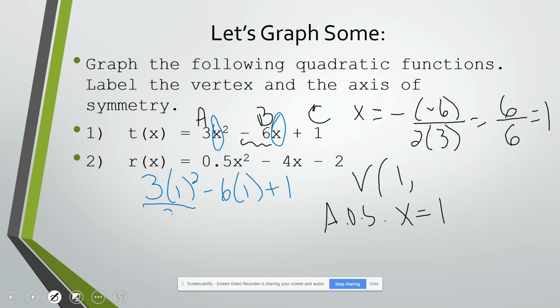And then 3 times 1 is 3. Minus 6 times 1 is 6. Plus 1. 3 minus 6 is negative 3, plus 1 is negative 2. So the y value of our vertex is at negative 2. Our axis of symmetry is at x equals 1.